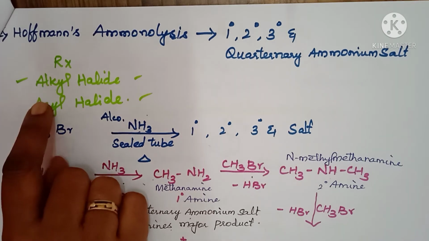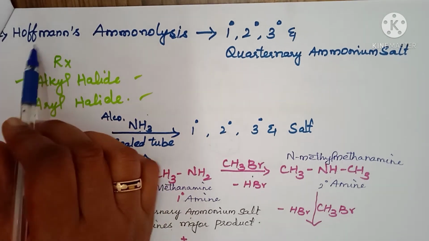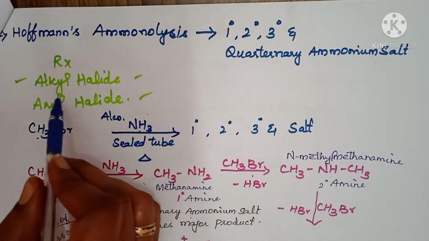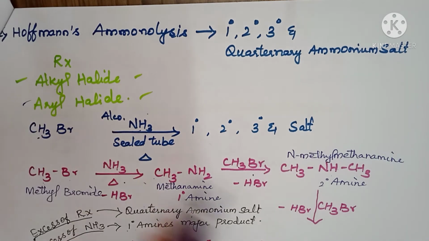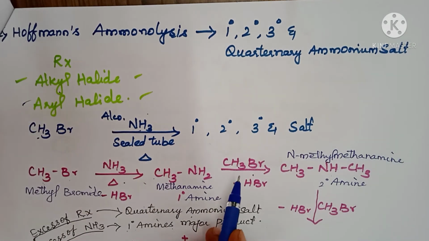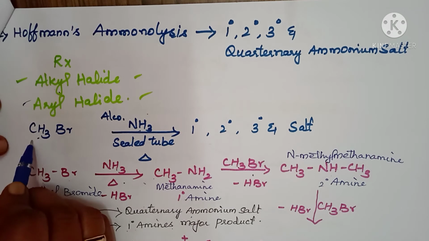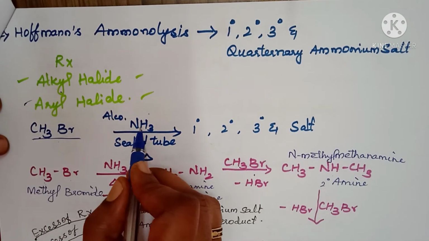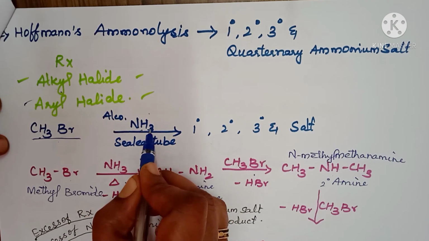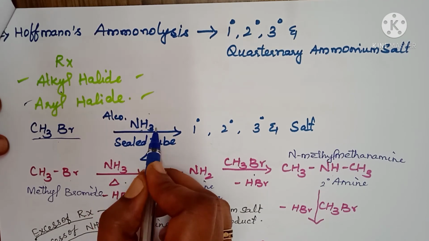Now, in Hoffmann's ammonolysis, we use alkyl halide, for example CH3Br, as the reactant, with alcoholic NH3, that is alcoholic ammonia.